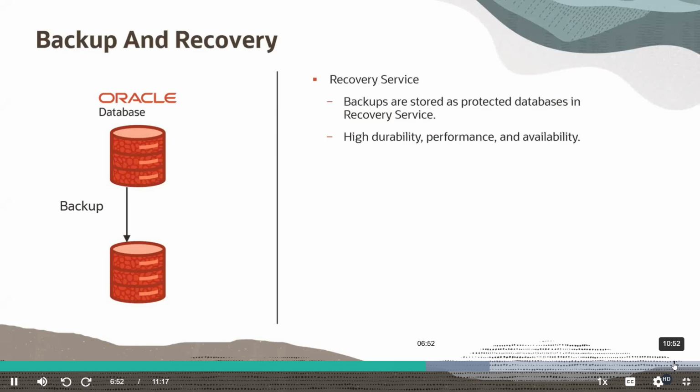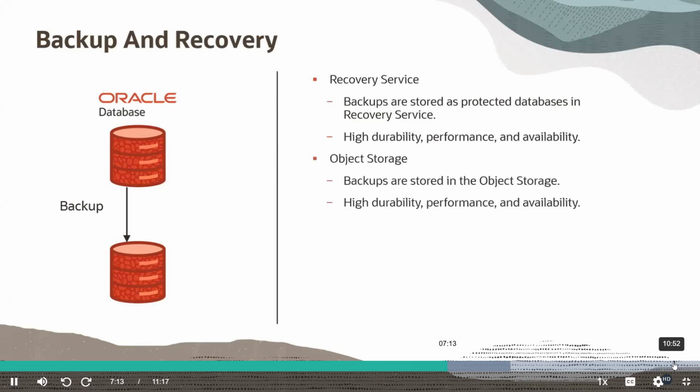With Recovery Service, you are backing up your database as part of the service, and this is highly durable, with very fast backup performance and availability. When you use the backup Recovery Service, that is one option, but you also have Object Storage.